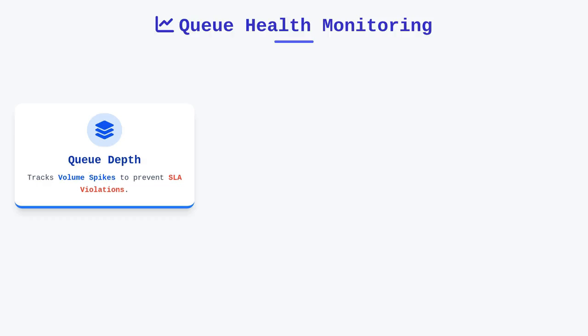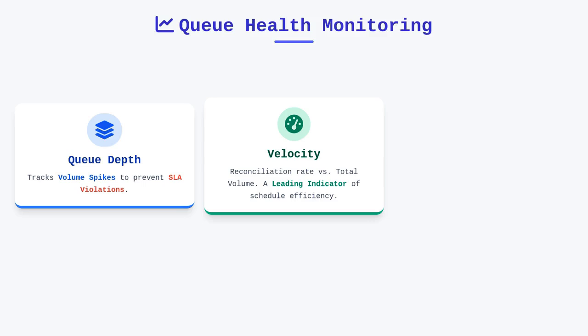Monitoring the health of your queue involves more than just watching items move from pending to completed, as you must also interpret the metrics provided by the control room views. By focusing on queue depth, you identify spikes in volume that may require additional runtime resources to prevent a violation of your SLA commitments. Processing velocity, calculated by the rate at which items are reconciled against your total current volume, serves as a leading indicator of whether your current scheduling strategy is sufficient.